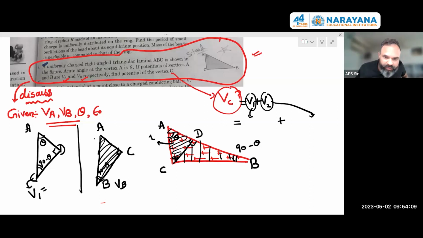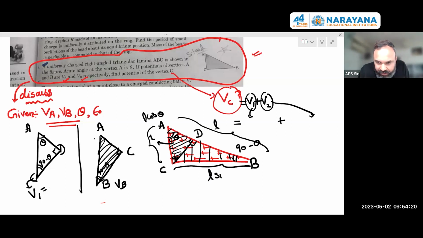Second thing was, if I know the lengths of these sides, like this is L, this is L cos, this is L sin.